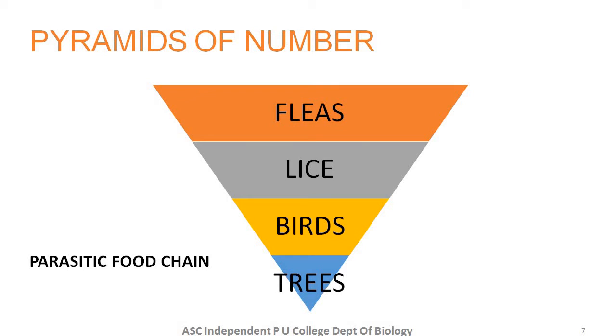Moving ahead, the number of lice-eating fleas is more when compared to the lice. So, based on the number of organisms present in producers, primary, secondary and tertiary consumers, in this type of food chain or in the ecosystem, we find an inverted pyramid of number.